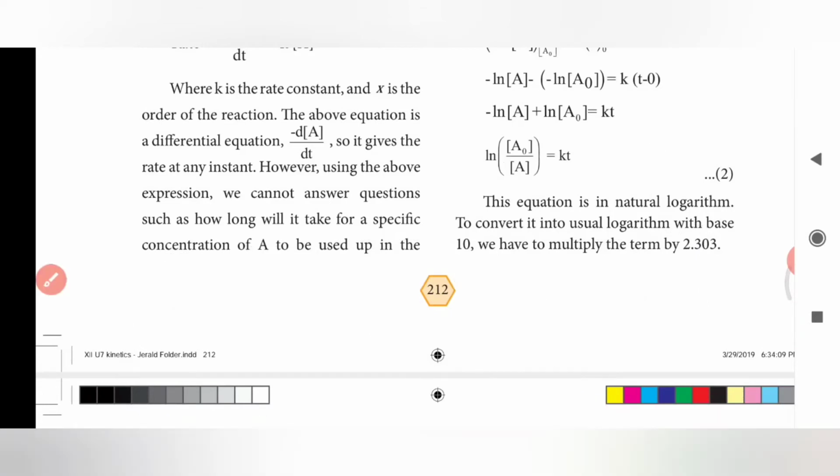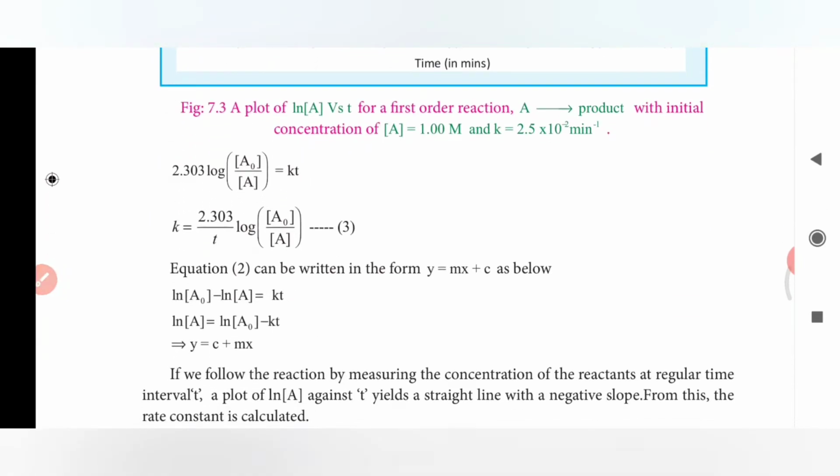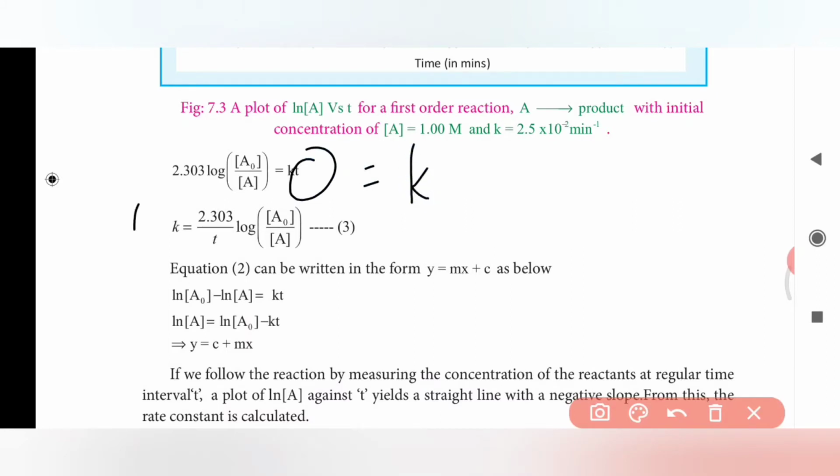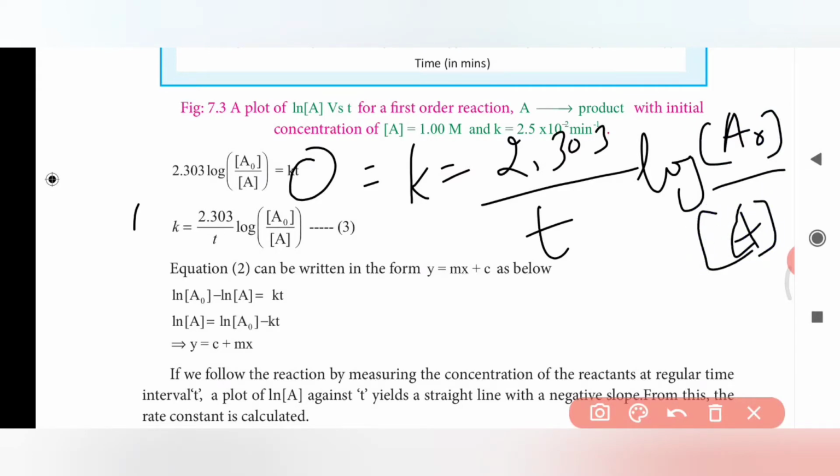If you bring t to the left hand side, you get K equal to 2.303 divided by t, times log of the concentration of A naught by the concentration of A. This is the integrated rate law for the first order reaction.